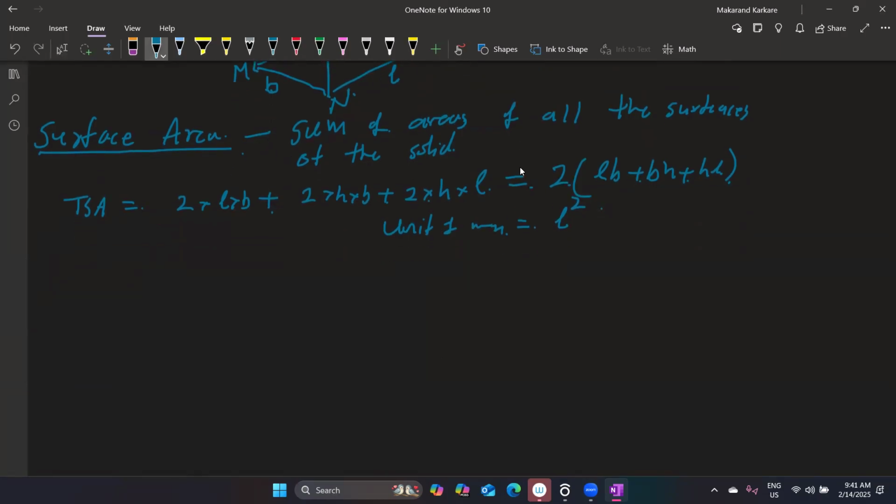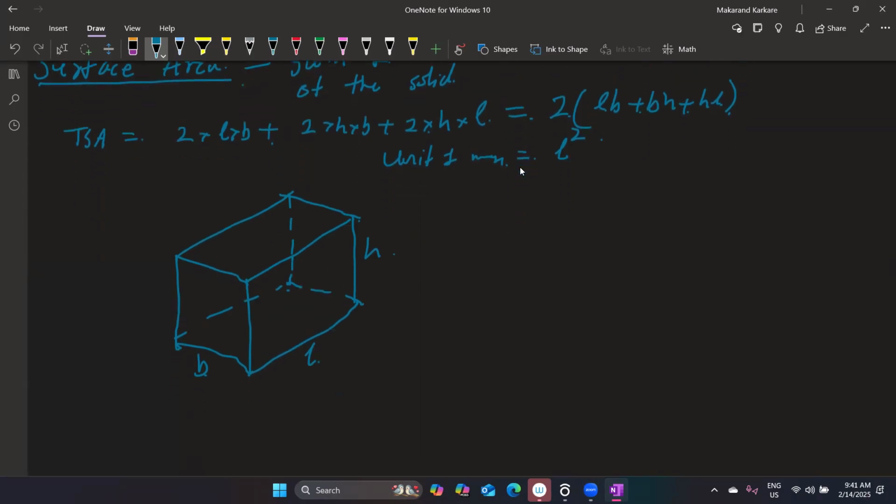Okay, I'm going to redraw that shape that we had. Now, each surface in itself is a rectangle, right?